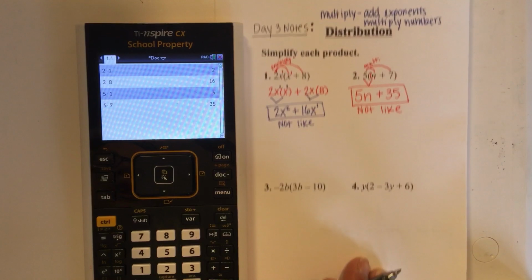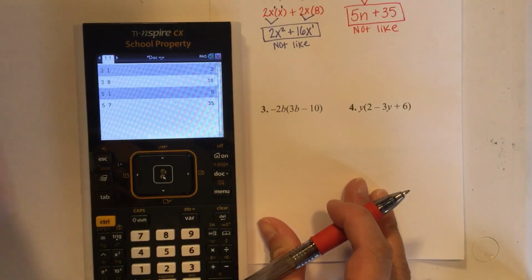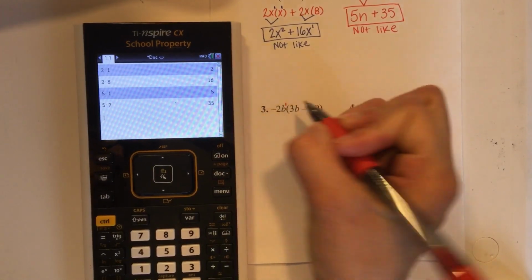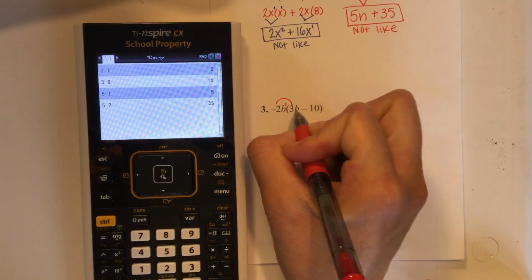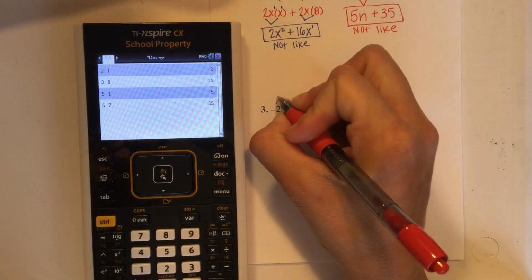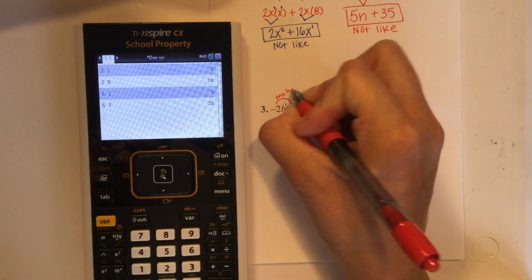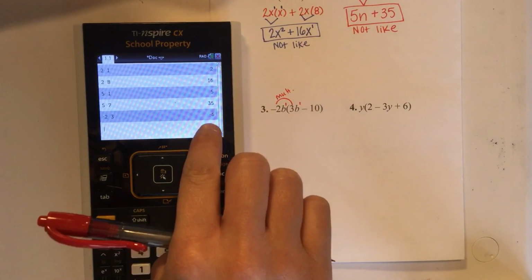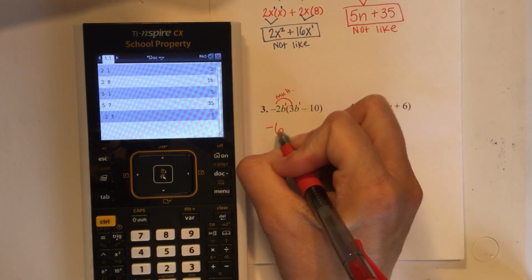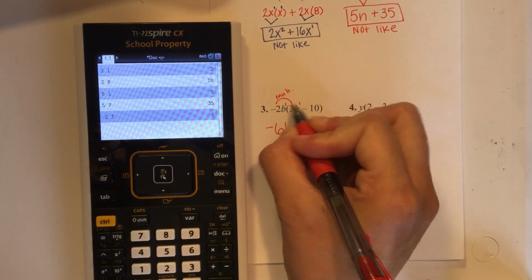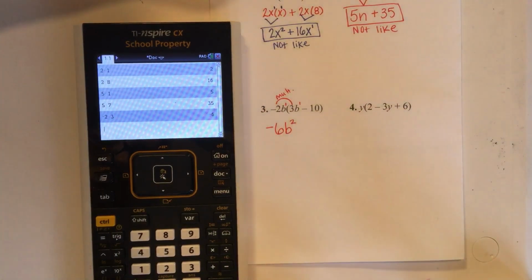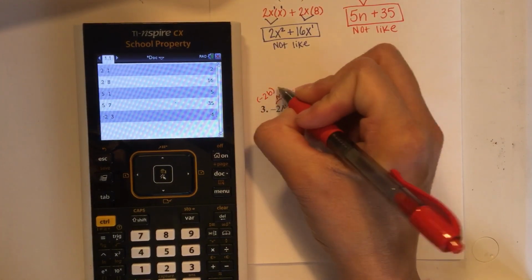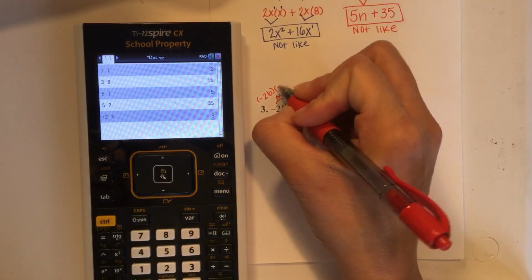All right, number 3. Now you have negative 2b to the first power, and you're going to multiply it with 3b to the first power. So you multiply here, and negative 2 times 3 is negative 6. For b, you add the exponent, so b squared. So again, it was negative 2b times 3b.